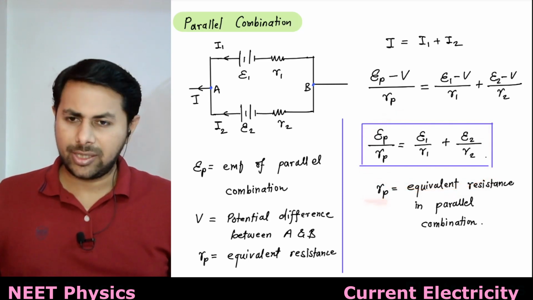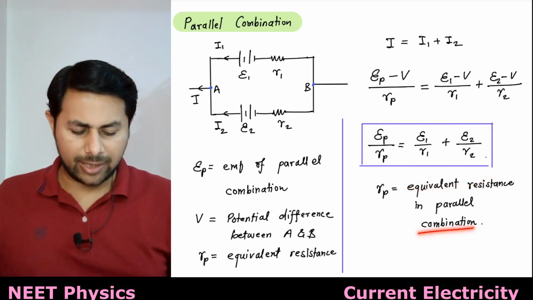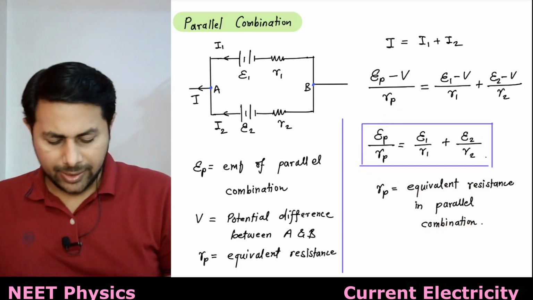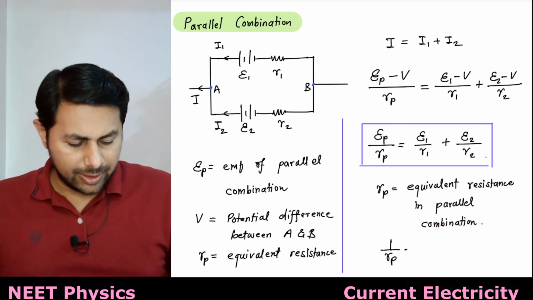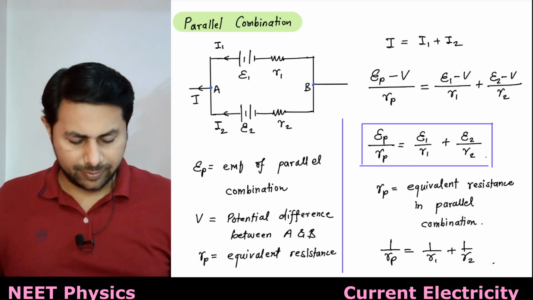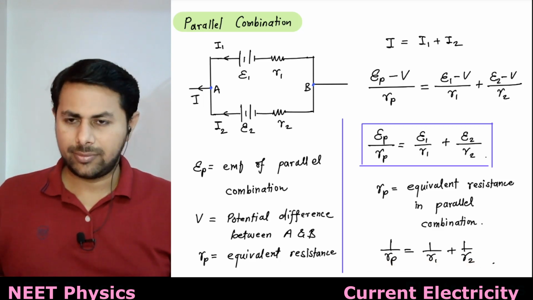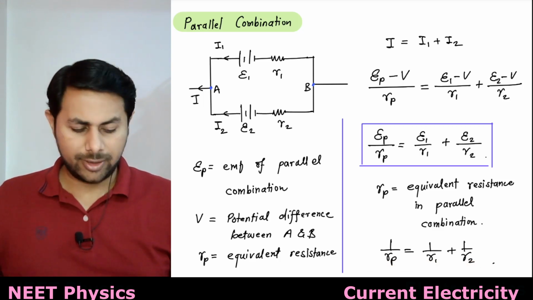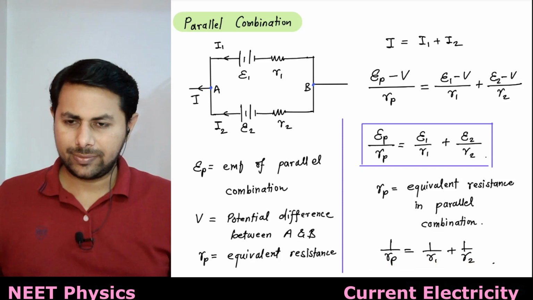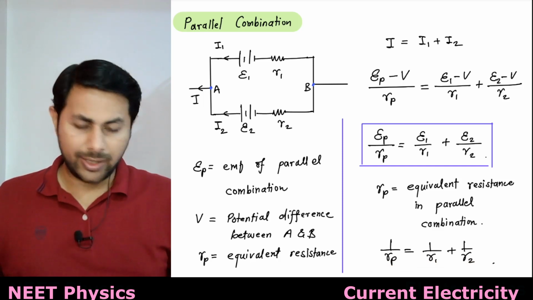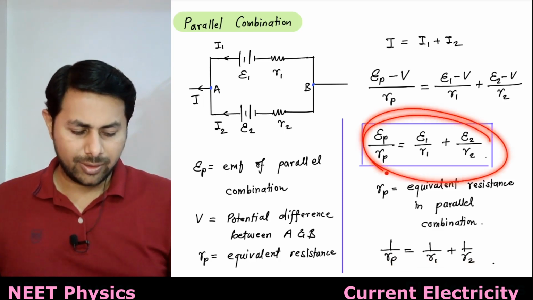RP is just the equivalent resistance of this parallel combination, right? So 1 by RP is equal to 1 by R1 plus 1 by R2. Is this formula clear, everyone? So we need to remember this formula.